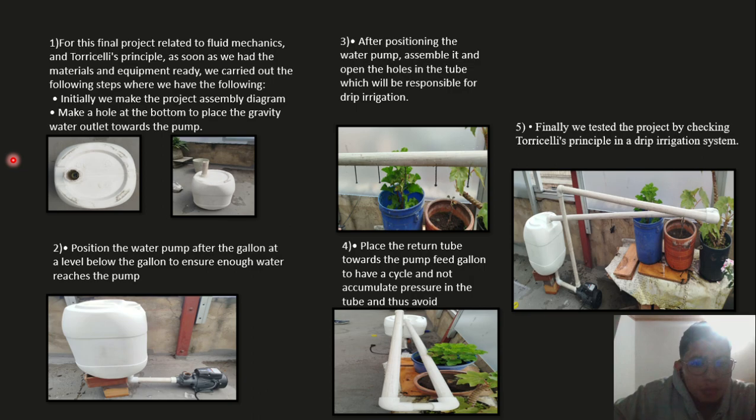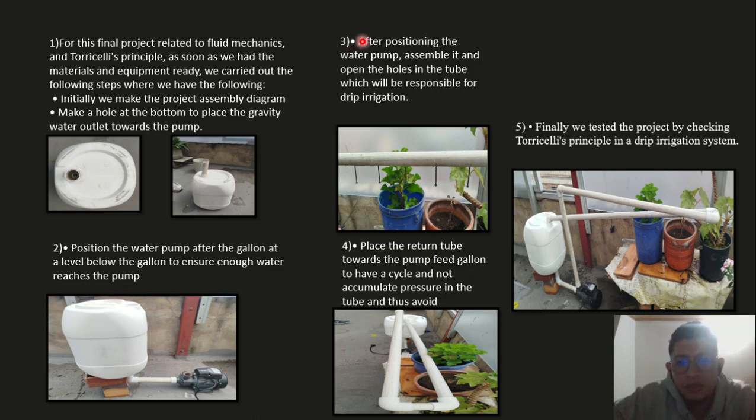Initially, we made the project assembly diagram, made a hole in the bottom to place the gravity water outlet towards the pump. Position the water pump below the gallon level to ensure enough water reaches the pump.